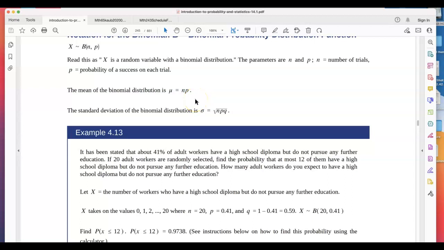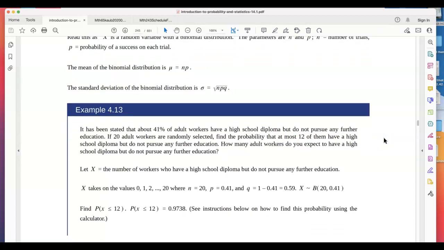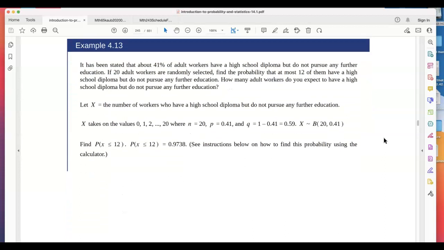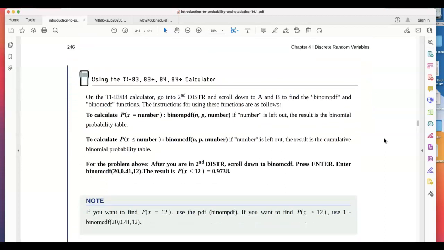But if we're going to find the probability of at most or equal to 12, then we're going to have to use a calculator that has a distribution built in. Okay, and that's what the 84 has, this binomial distribution built into it, so it can calculate that for you. There is a formula, it's just that we do not use that in this class. It is pretty complex. It's not overly complex, but it is complex.